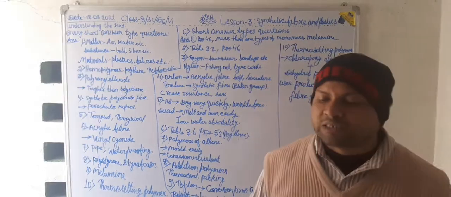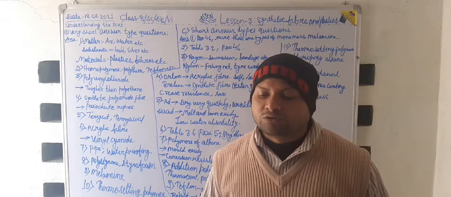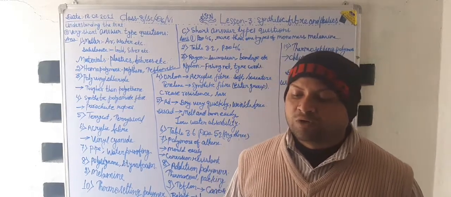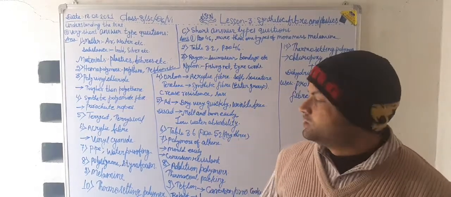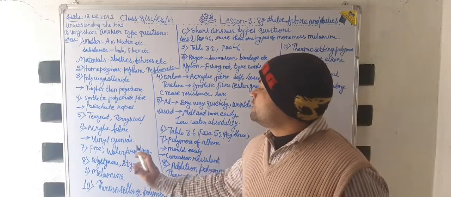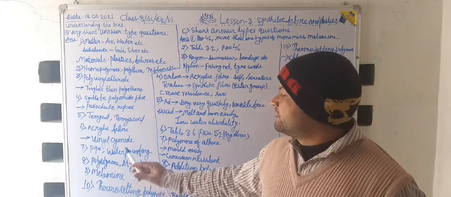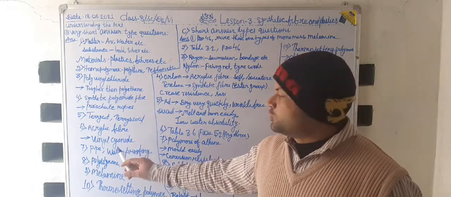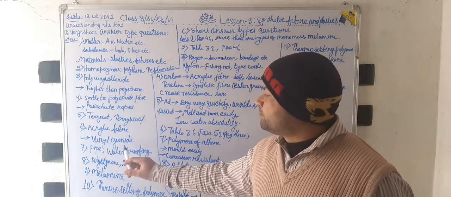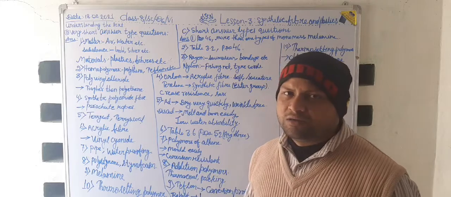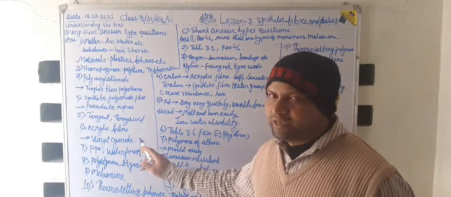Now in question number 6, it is asked: what is orlon? Name the compound from which it is produced. Orlon is an acrylic fiber, and it is produced using the compound vinyl cyanide. So I have written here.